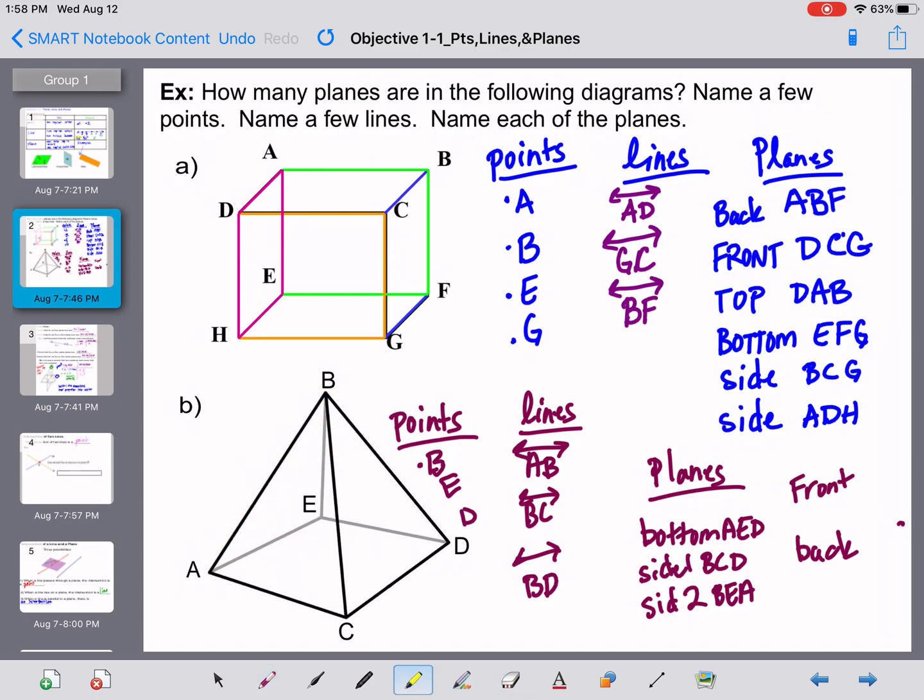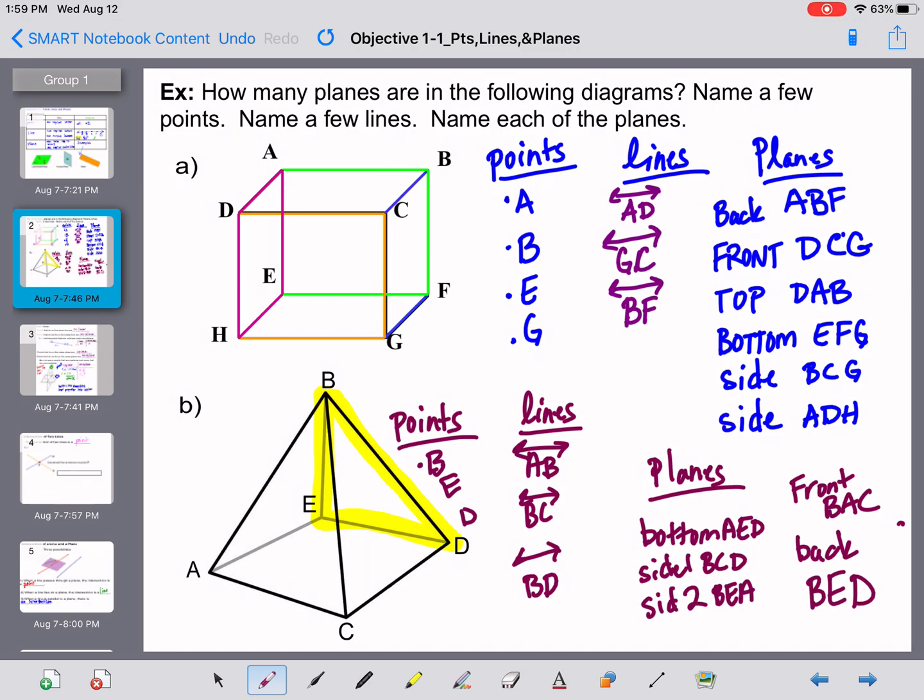Now let's do the front. B, A, C, so BAC and back up. And the last one in the back, BE to D. Okay?